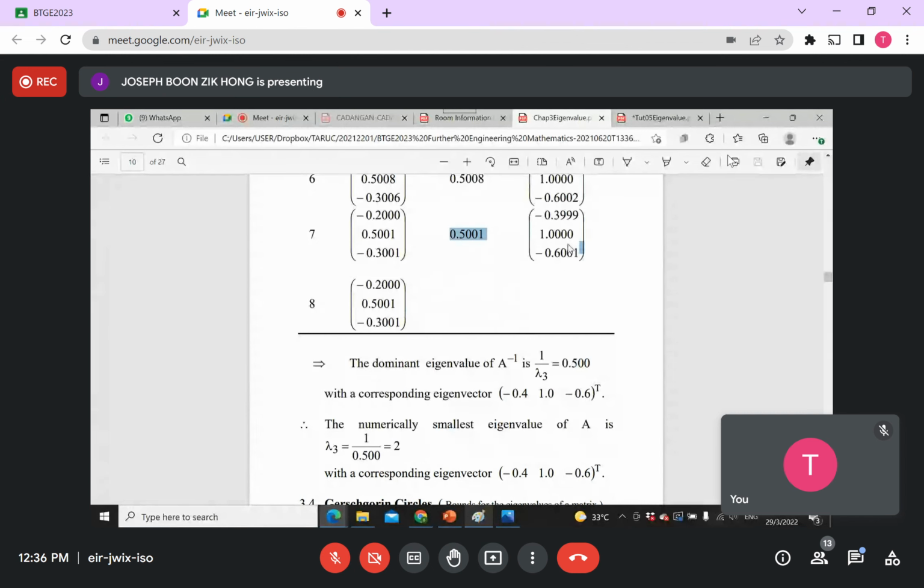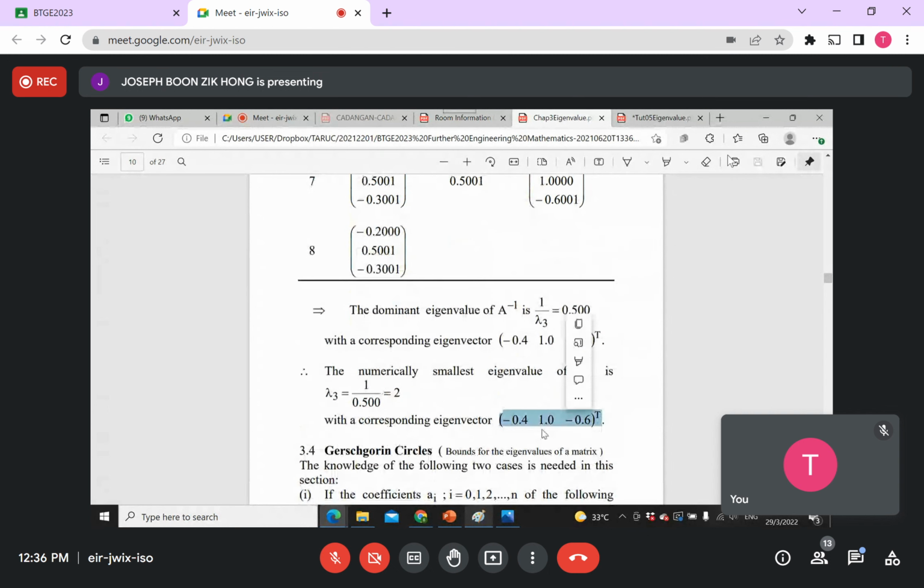Because this is the biggest for A inverse, if you take 1 divided by the biggest number, then you will get the smallest number. So your smallest eigenvalue will be 2, and your corresponding eigenvector does not change. Still negative 0.4, 1, and then negative 0.6.